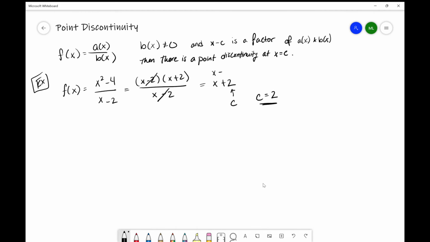Let me go ahead and write it down below instead. This is our x minus c, and c is equal to a positive number, so c is equal to 2. Right, so that's why I have c equal to 2. So this is where our point discontinuity is. So basically what we would say is that we have a point discontinuity at 2.